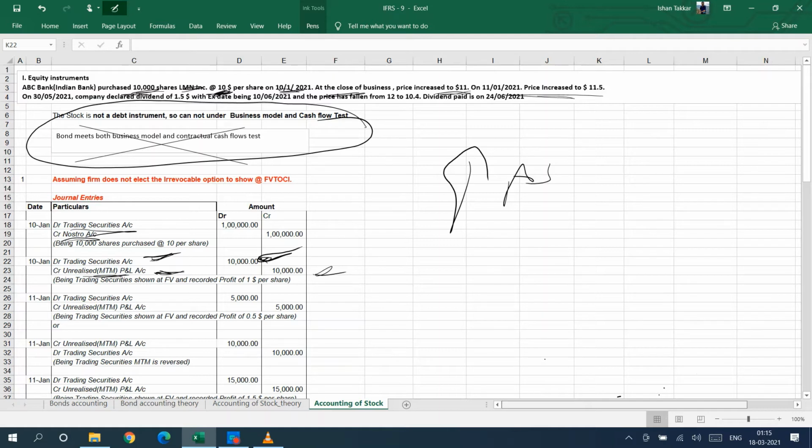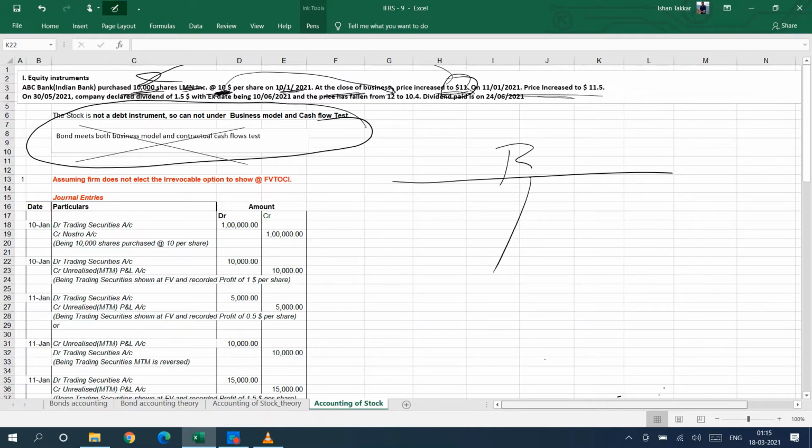How does the 10,000 come? From 10, the price increases to 11, so the profit is 1 dollar for each of 10,000 shares. So on the day of purchase, you made a profit of 10,000. When you prepare the balance sheet for 10th January, you will show your asset, the trading securities, at 110K.